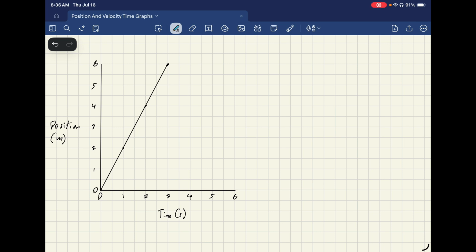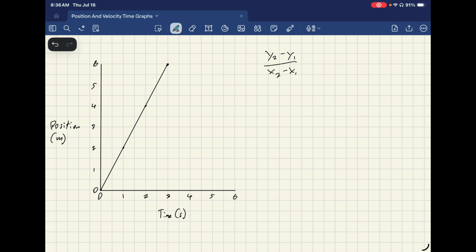We can also use this to find the velocity of the object. And in order to calculate the velocity, we find the slope of the graph. Perhaps you've seen the equation for slope of a graph before, but if not, I'm going to write it up anyways. It is y2 minus y1 over x2 minus x1.